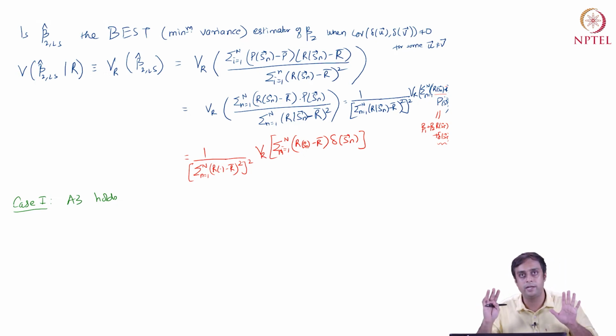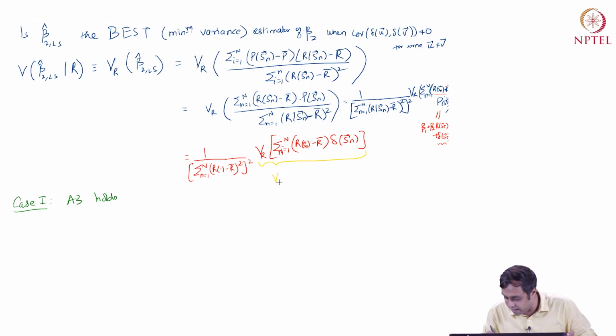But now evaluate it a little bit more closely. So I've written variance of R with a constant. So I'm going to just replace this by a constant a_n, but it's a constant, and this by a random variable delta n, just to make the notation easier. So summation n equals 1 to N of a_n delta n.